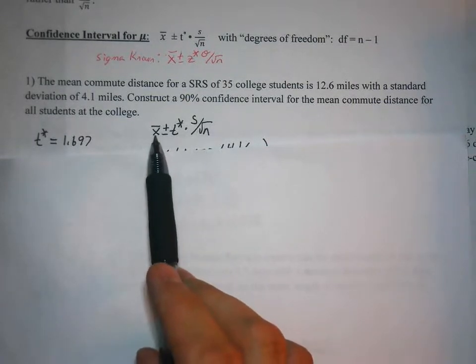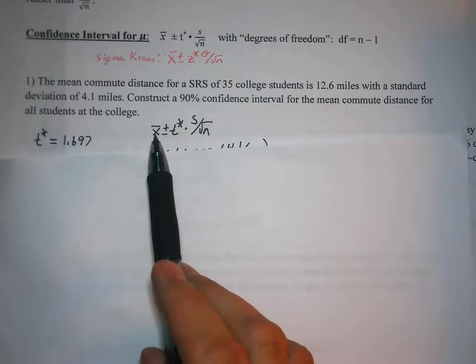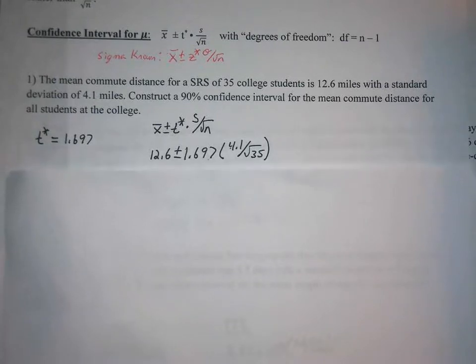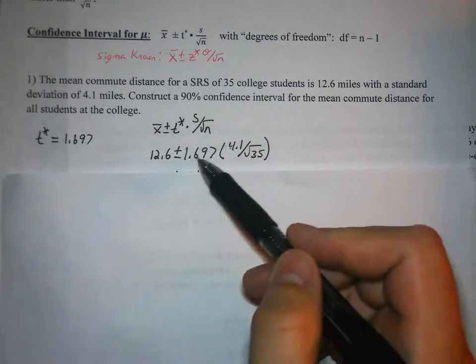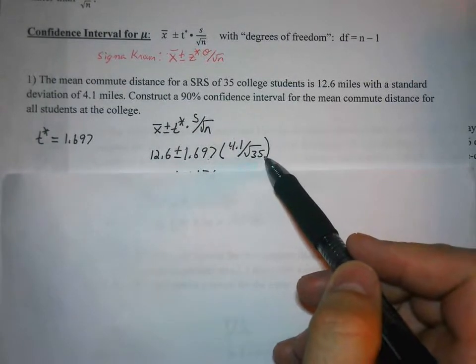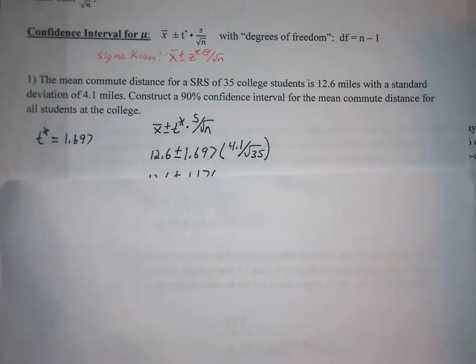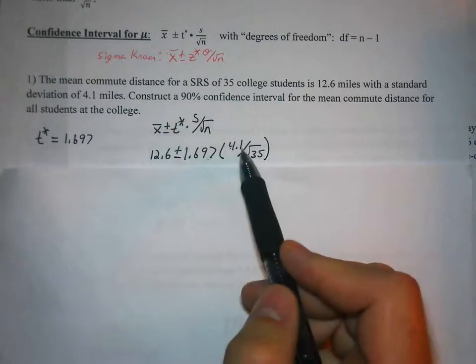You take your estimate for the population mean, which our best estimate when we take that sample is the sample mean, which is 12.6, and then add or subtract that t star times s over the square root of n. And the good news with using s rather than sigma is that because it's a standard deviation, even if you don't catch in the question that you're looking at a population or a sample standard deviation, you're going to put it in the same place anyway.